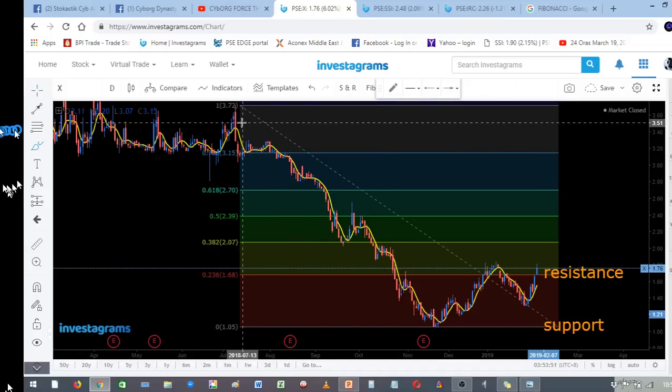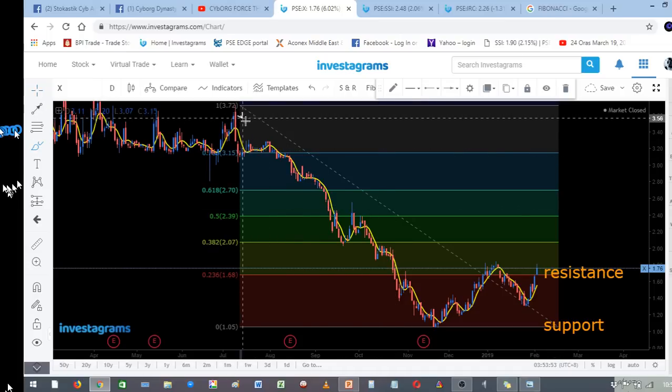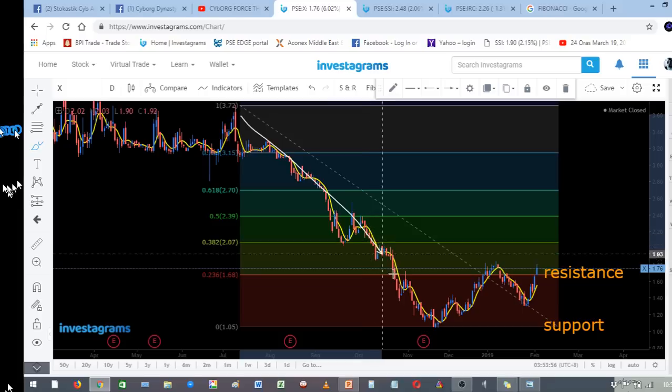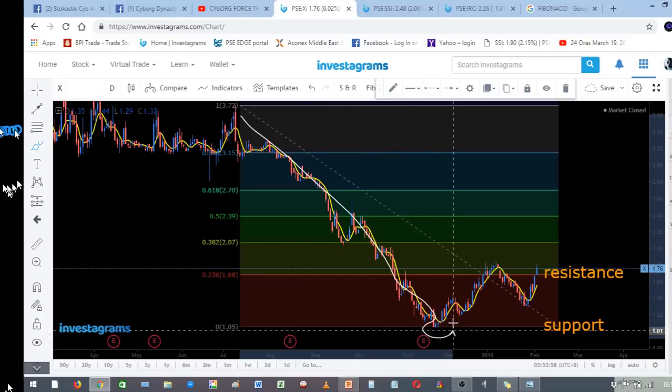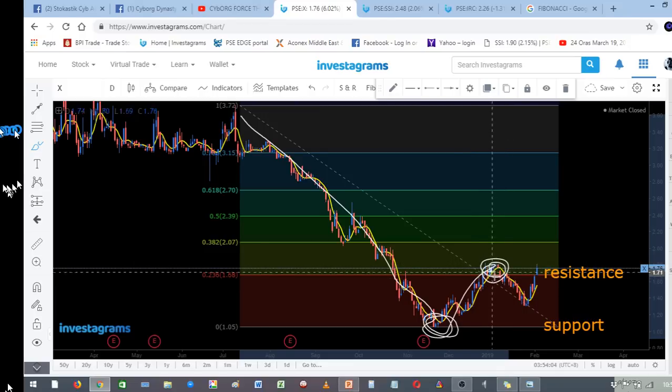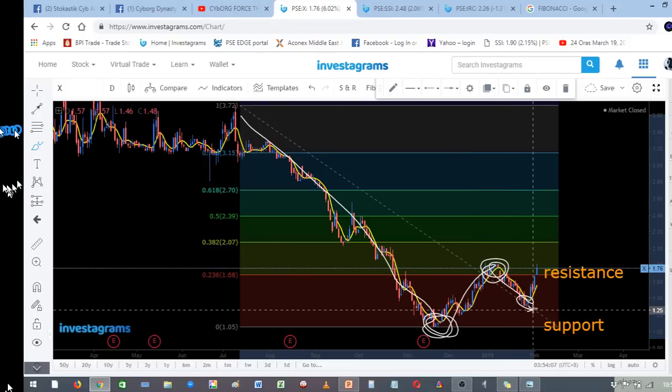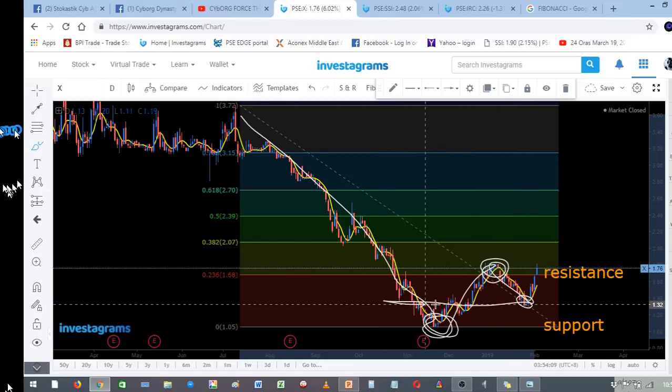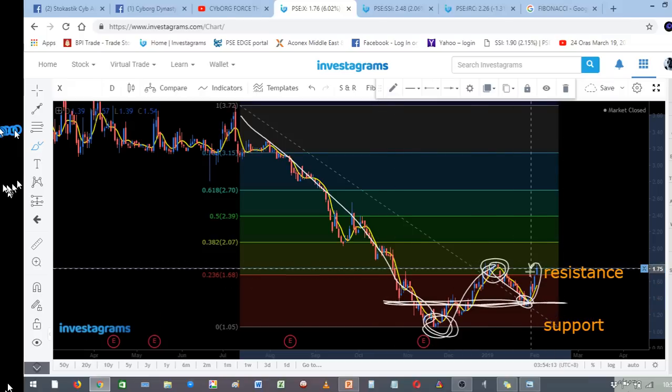So from the prevailing trend, the stock went down to this level. This is what we call the support, and it went up. So this is now your resistance. It went down again, establishing your support here, and it went up.